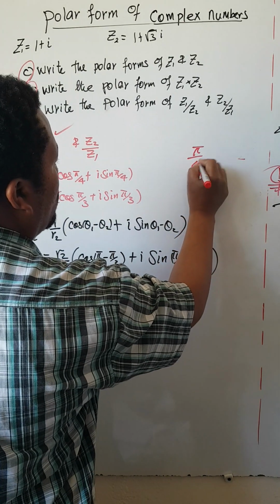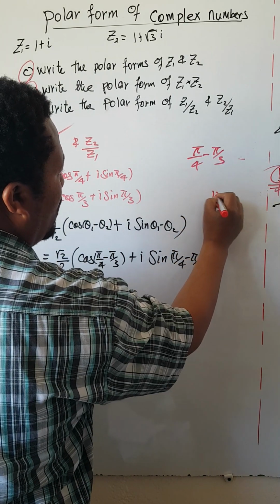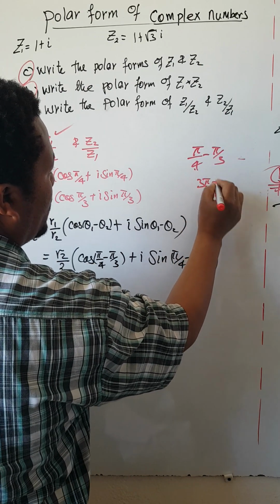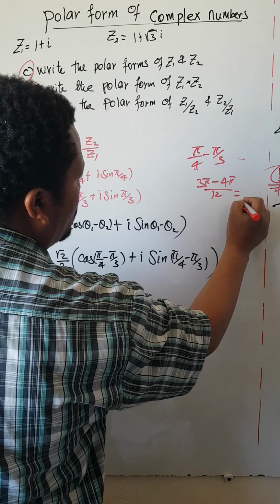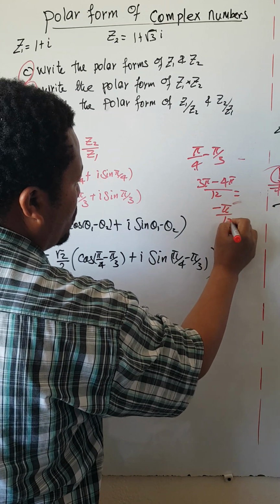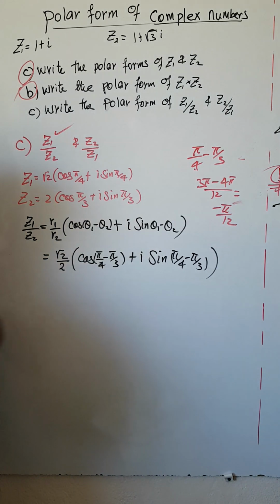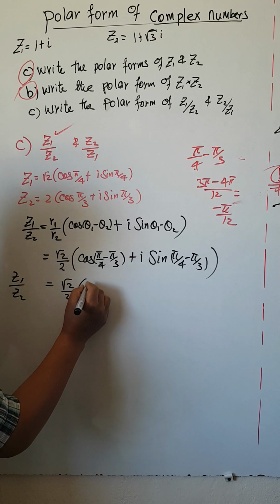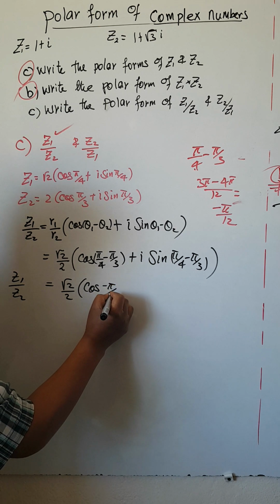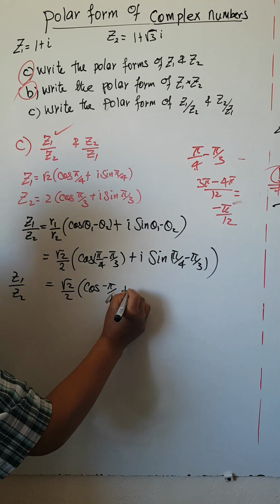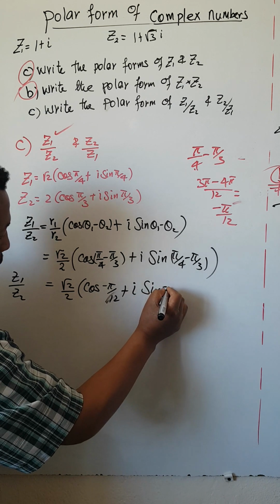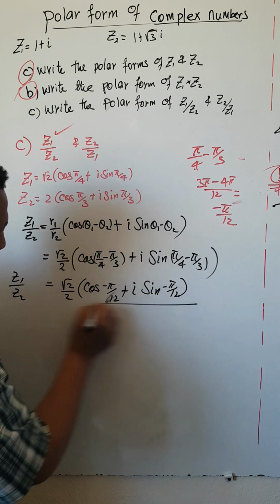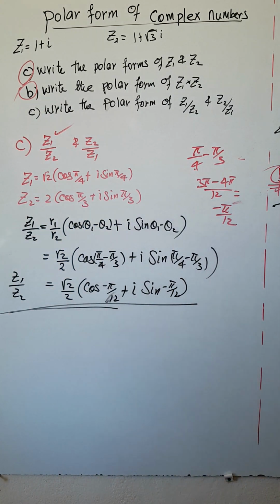Now pi over 4 minus pi over 3, again the denominator is 12, this is 3 pi minus 4 pi, so this is negative pi over 12. So z1 over z2 is equal to square root of 2 over 2 into cosine of negative pi over 12 plus i times sine of negative pi over 12. This is the result of the division of z1 and z2.